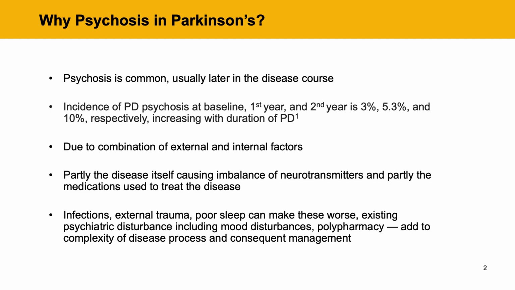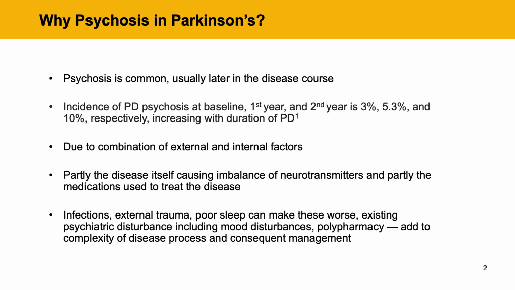Okay? And what causes Parkinson's disease psychosis? It's usually from a combination of external and internal factors. So what do we mean by this? Briefly first touching on the internal factors: the internal factor would be, of course, the disease itself, how it behaves, how it affects the body and mind as it progresses, because we all know it's a progressive disease.